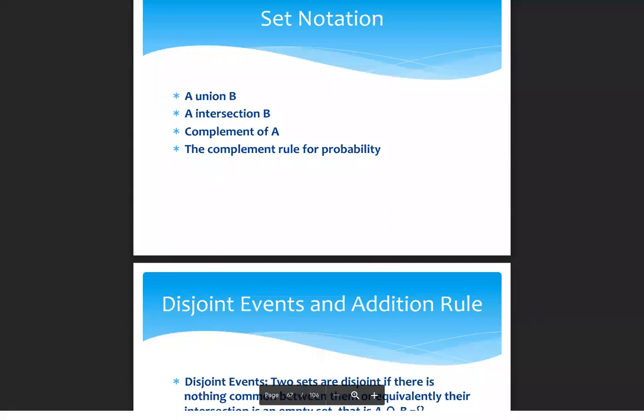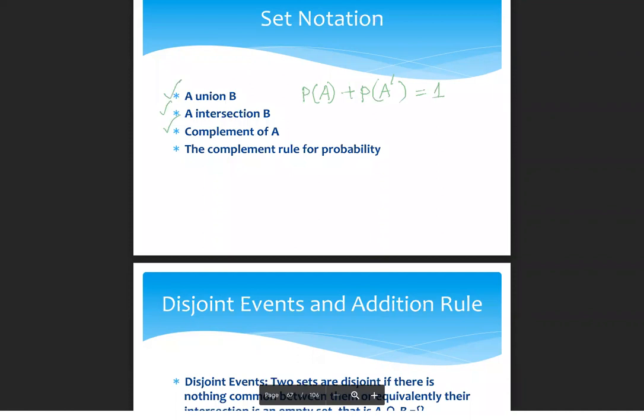So in this slide, I covered the union of two sets, intersection of two sets, complement of a set, and the complement rule. Maybe I should talk about it. I forgot to mention that. We know event A and we know event A prime, or complement of A. The probability that an event A will happen plus the probability that an event A will not happen, which means the complement, must always add up to 1.